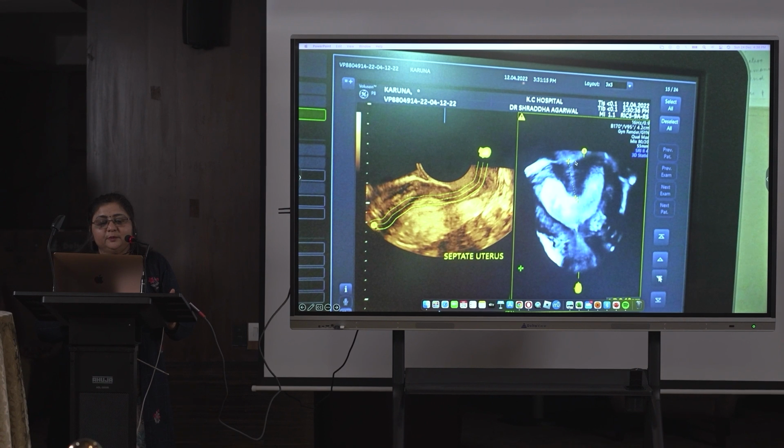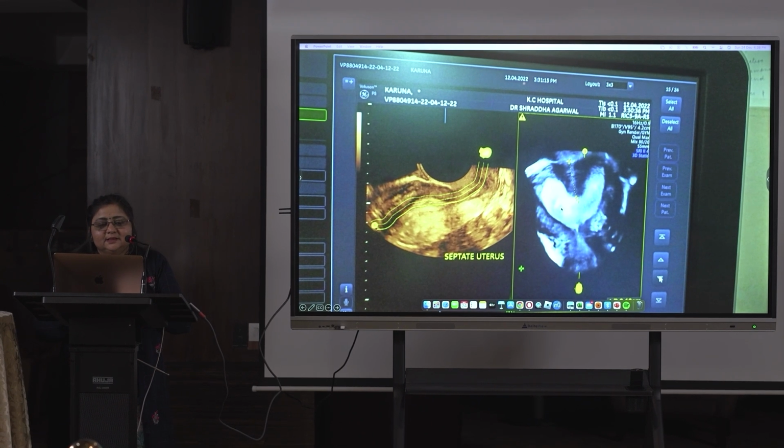But I am measuring from the fundus serosa, which is not the right thing. We have to draw a line joining the two ostia, take the midpoint of the ostia and measure deep down. Then also it is more than 1.5 approximately, so it is a septate uterus.